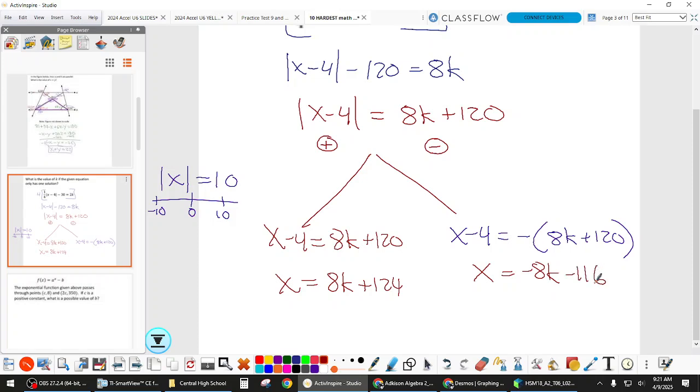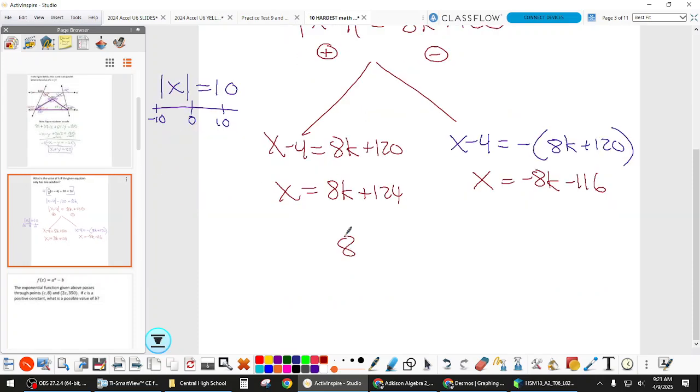Okay, so pausing there, the question asks for what value of k is there one solution? Which means these have to be the same. So now we can set 8k plus 124 equal to -8k minus 116. Combine your like terms. And what is that, 240 I think? Yeah. Negative.